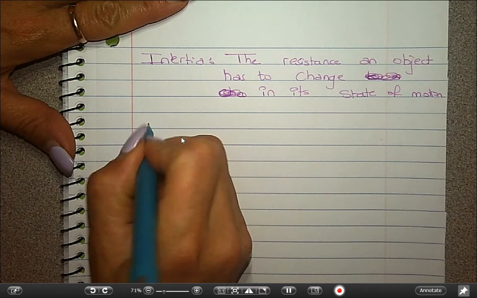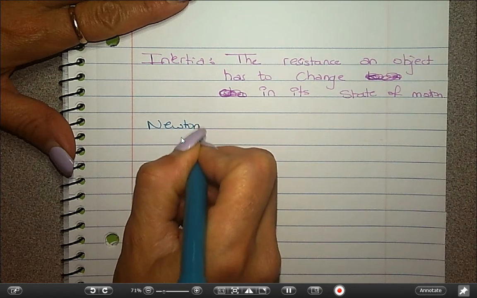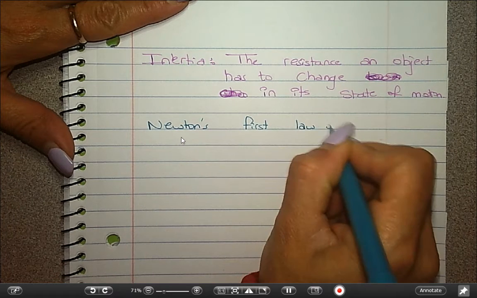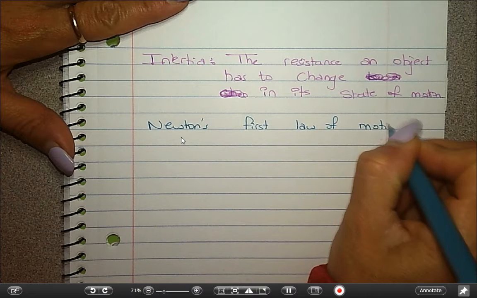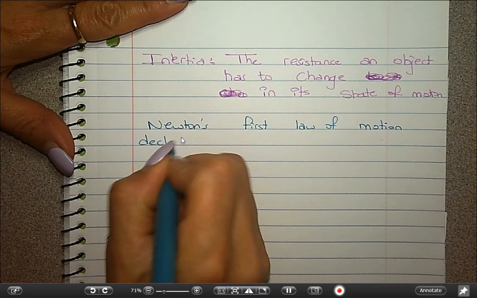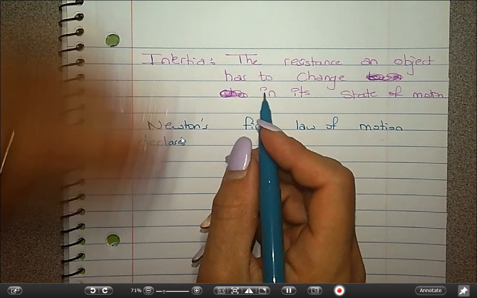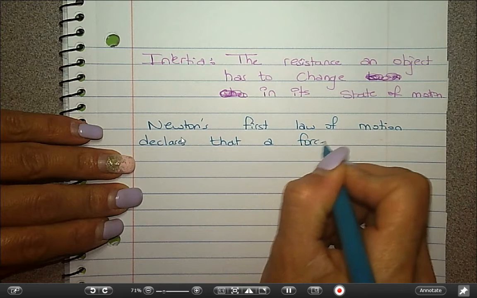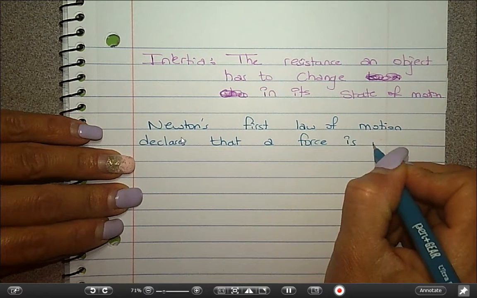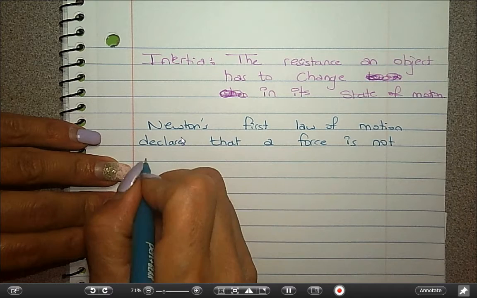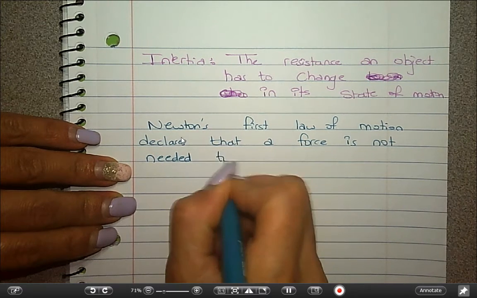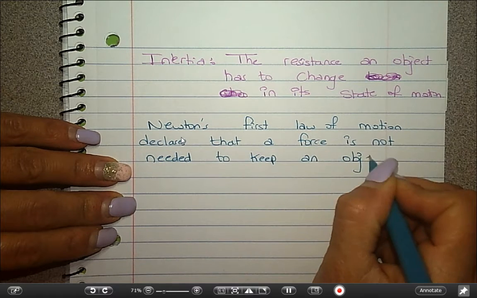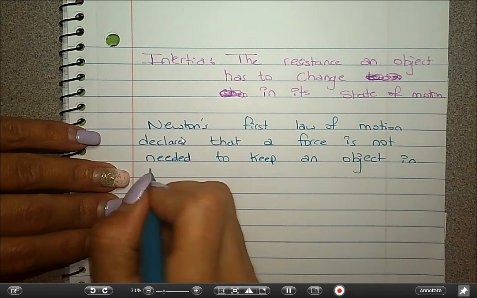So Newton's first law of motion declares that a force is not needed to keep an object in motion.